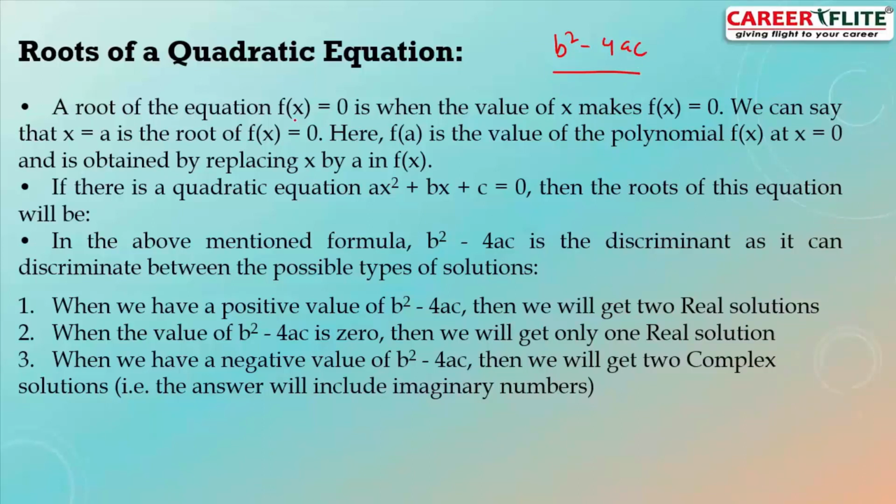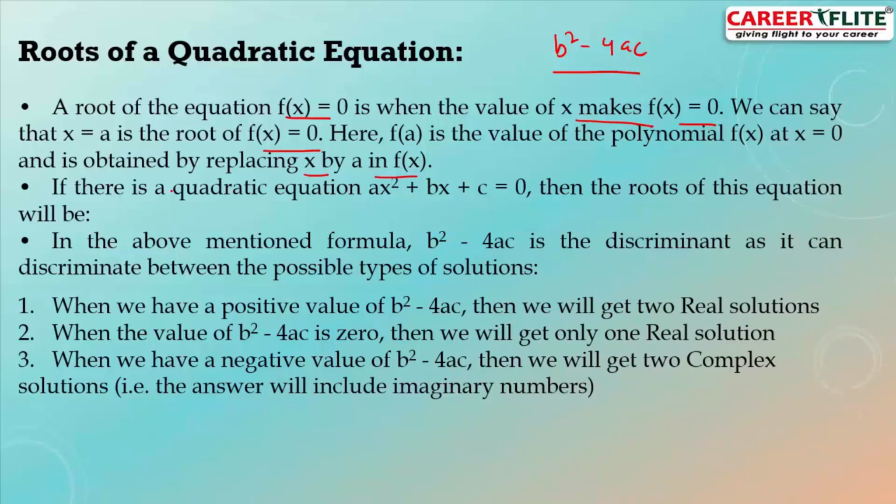A root of the equation f of x equal to 0 is the value of x that makes f of x equal to 0. So we can say x equal to a is the root of f of x equal to 0. Here f of a is the value of the polynomial f of x at x equal to a, and it is obtained by replacing x by a in f of x. These things you have already learned in, I think, class 10 or 11.